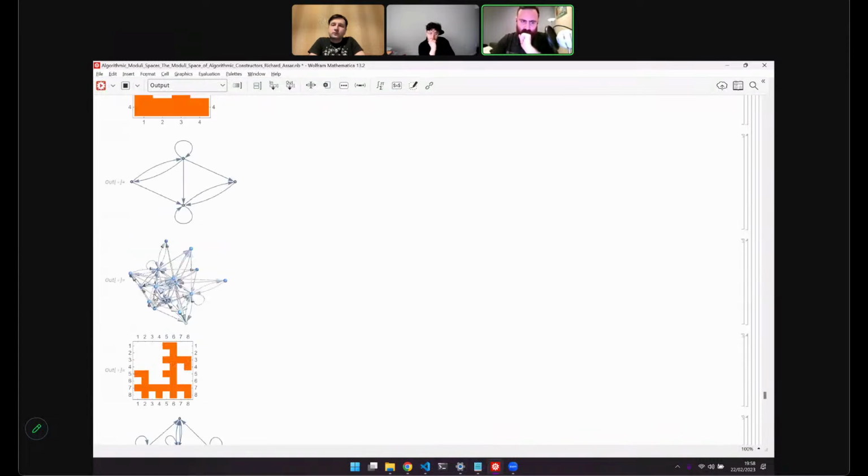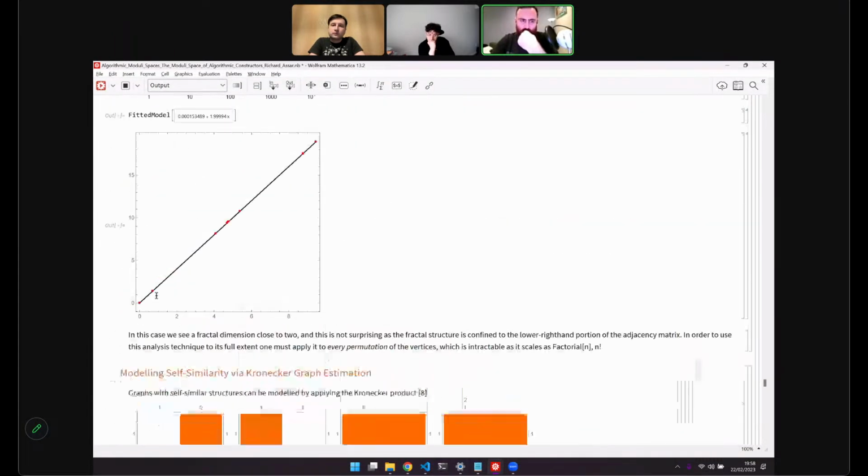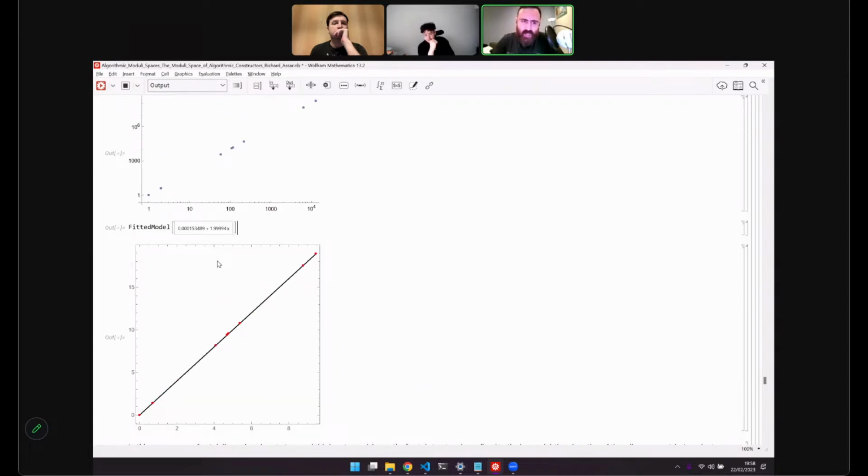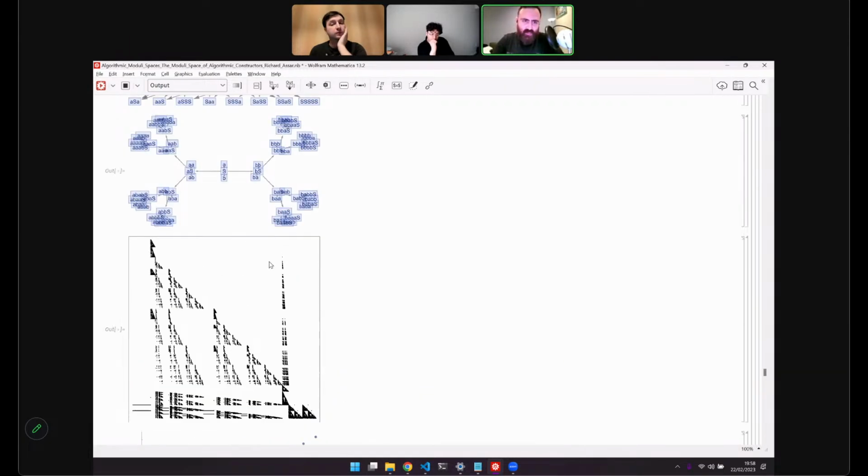So when we do the Kronecker product iteratively, it would approximate the graphs that we produce, as well as their algorithms perform. And I think that would be a much more interesting analysis than doing this box counting thing.